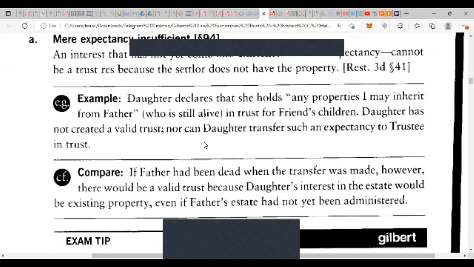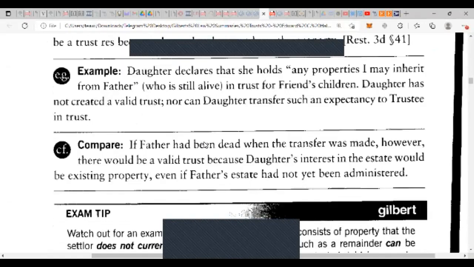Restatement Third, Section 41. Example, daughter declares that she holds, quote, any property I may inherit from father, end quote, who is still alive, in trust for friend's children.